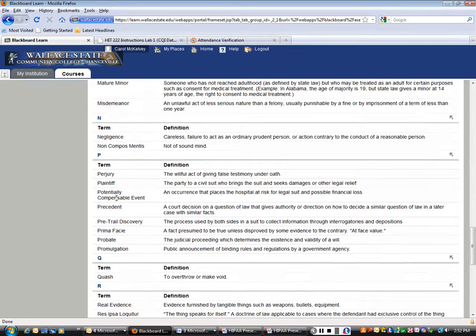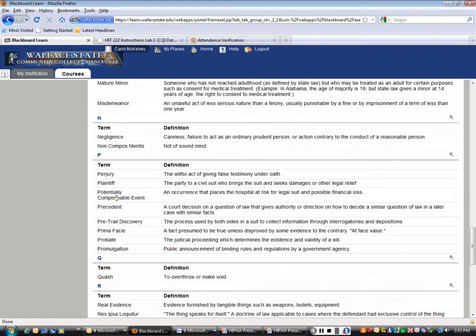For example, if someone fell in the hospital, that is deemed at that time to be a potentially compensable event. It doesn't mean that it's written in stone that somebody's going to sue or that money's going to have to go out, but those kinds of events are referred to as potentially compensable events.